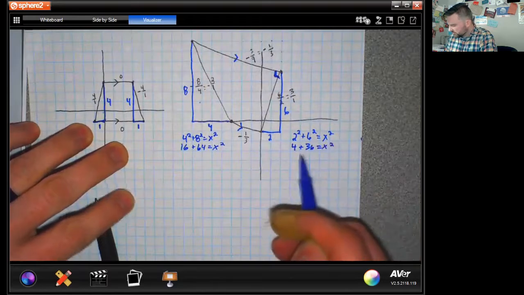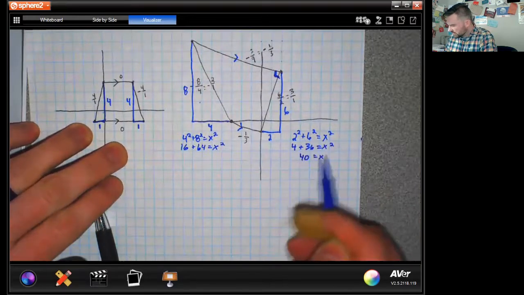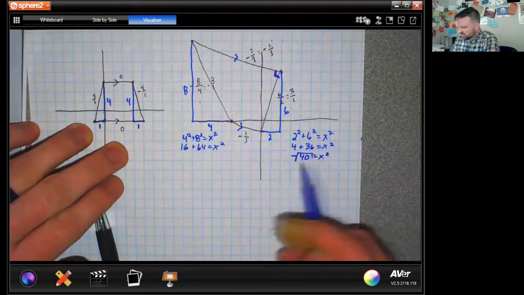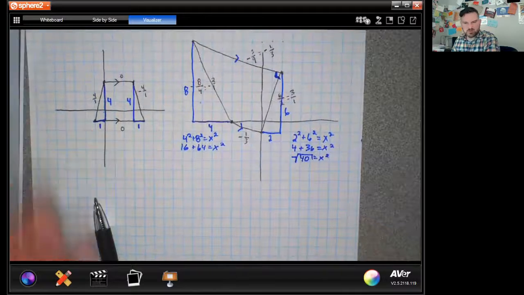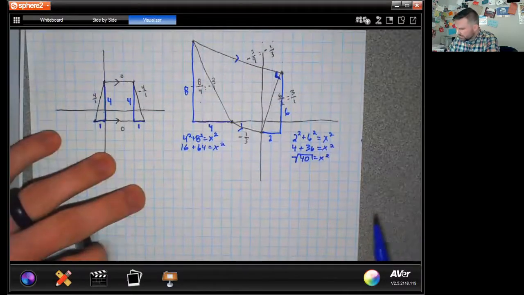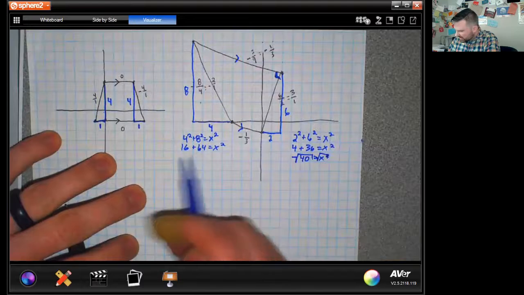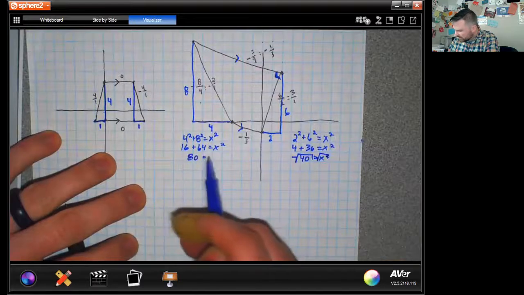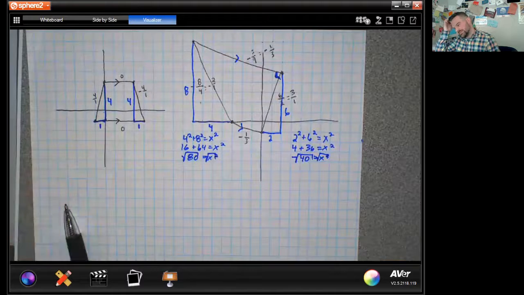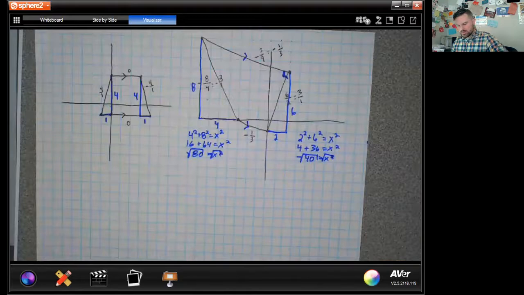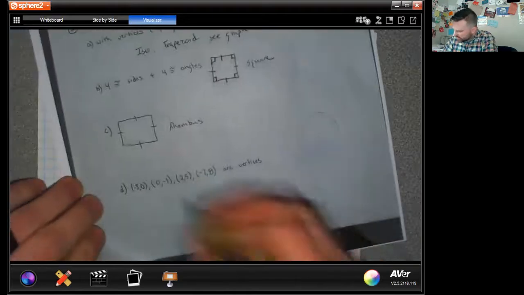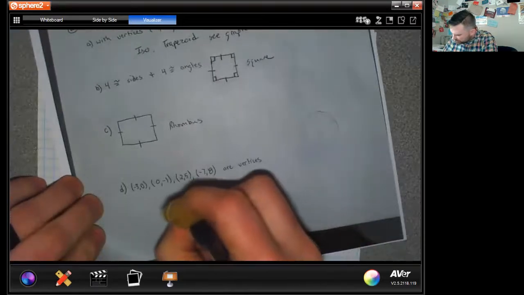So this is 40. And you take the square root of that. So this length is the square root of 40. We don't need to reduce that anymore. Okay, and then this one, that would be 80. And then we'd take the square root of that. And this is the square root of 80. Okay, the square root of 80 does not equal the square root of 40. So these are not the same. So in this case, on this one, we just have a trapezoid.